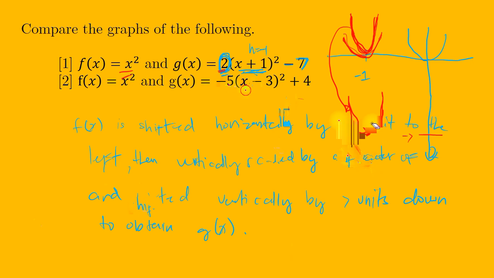You just have to reflect this because of the negative sign. Really nice. Then after being reflected, it is now being shifted vertically by 4 units up. So let us say that's 4, it's being moved to 4.